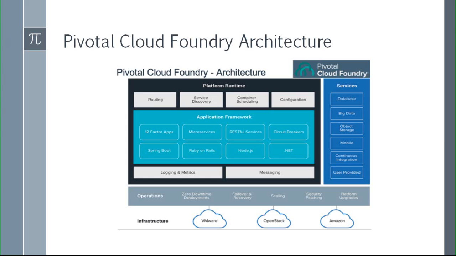Similar to infrastructure as a service, platform as a service is another category in cloud computing that allows users to develop, test, manage, deploy, and operate their applications without messing with complex infrastructure.